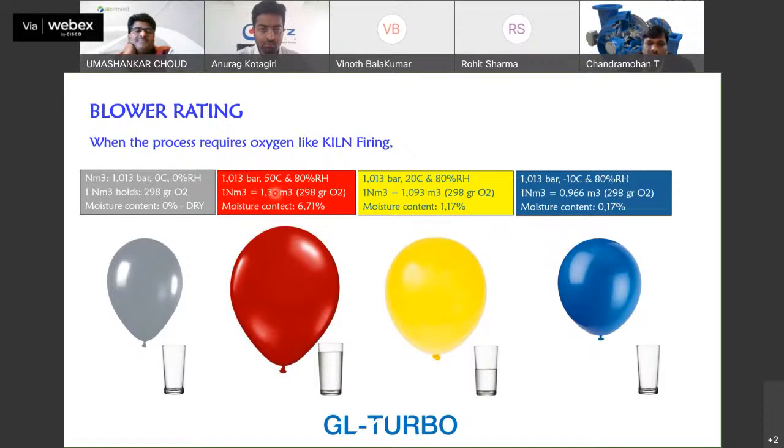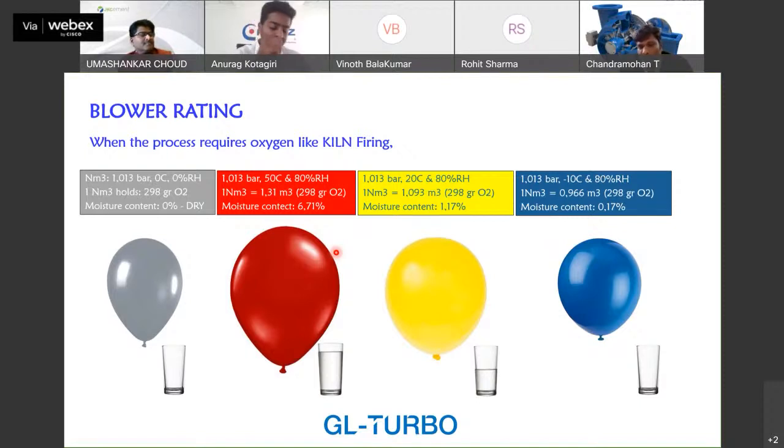I'm talking about the kiln firing blower, not about the other fans. Most cement plants are located in very tropical and hot areas across India, and very few plants are in a cooler area. Cement plants tend to have a lot of heat and dust as well.